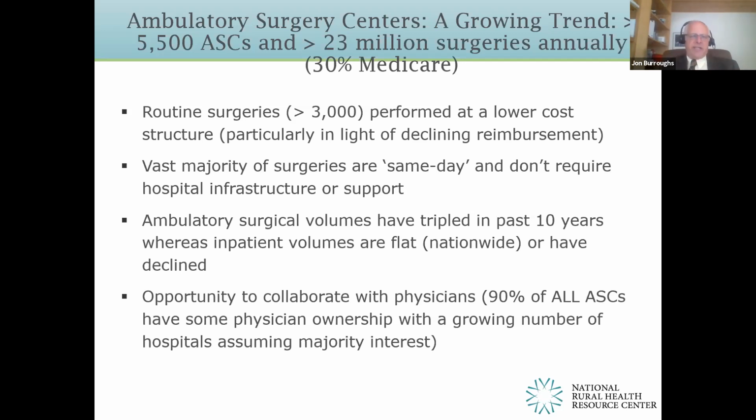They may be hernias, they may be appendixes, they may be gallbladders, insertion of pacemakers, insertion of dialysis, etc. Filtrations. So they're performed at a lower cost. The vast majority are same day. They don't require any hospital infrastructure at all. These volumes have tripled in the past 10 years, and they're planning on going up higher and higher and higher.